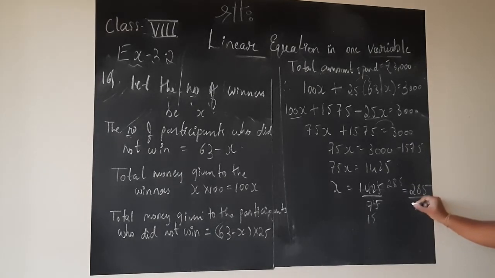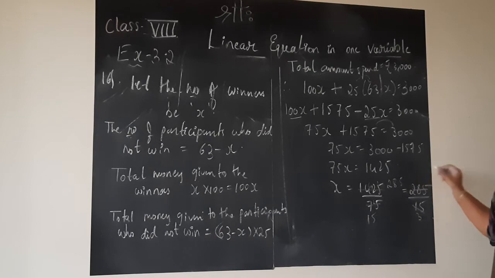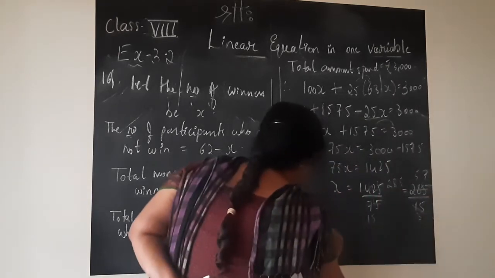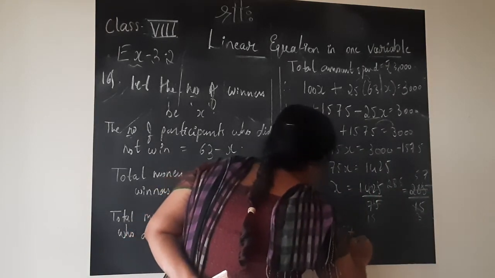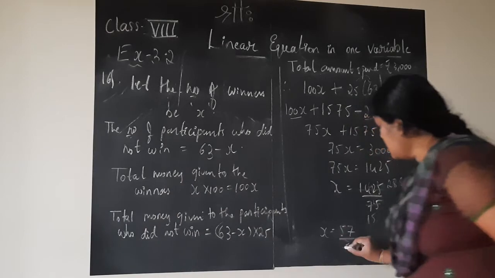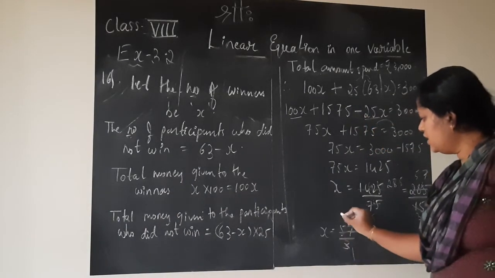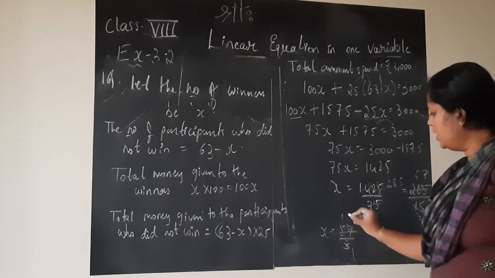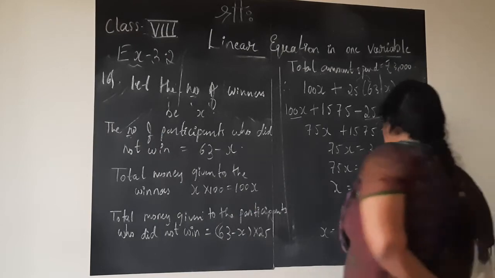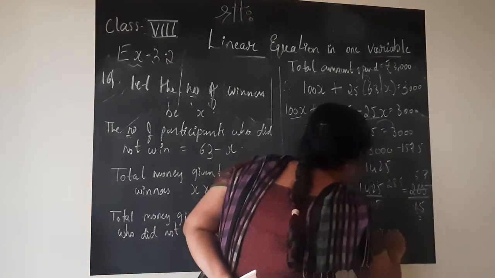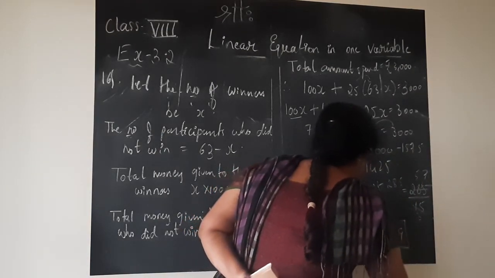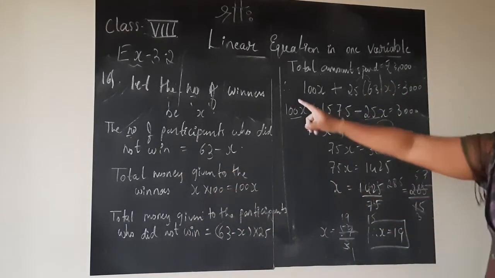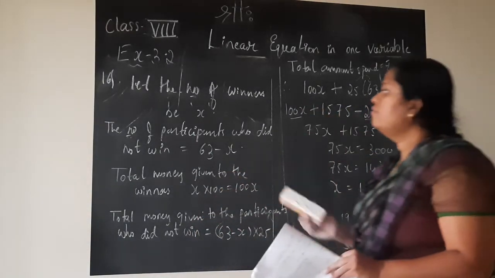Again I will go with the 3 table. 5 3s are 15, 5 5s are 25, 3 remaining, 5 7s are 35. So x is equal to, I got 57 divided by 3. Again if I simplify, 3 1s are 3, 3 1s are 3, other 2 remainder, 3 9s are 27. Therefore x is equal to 19. I got it, children. What is x? That is the total number of winners.